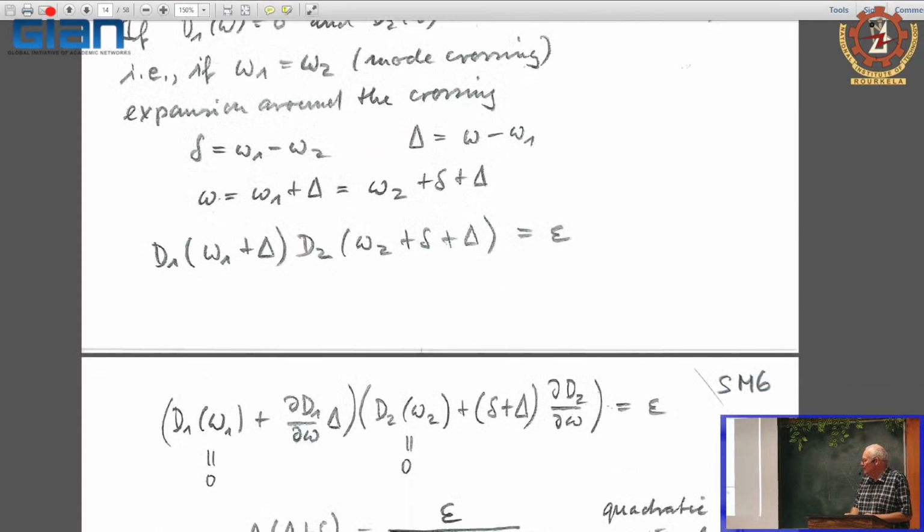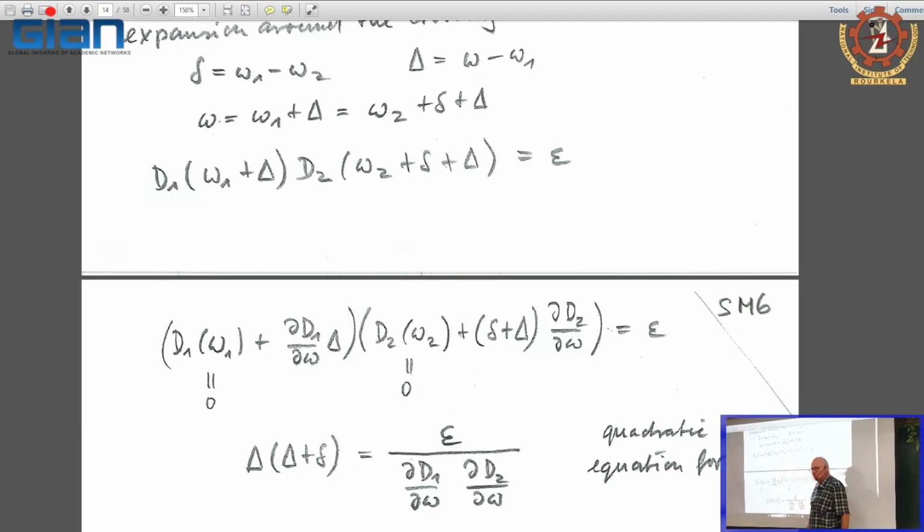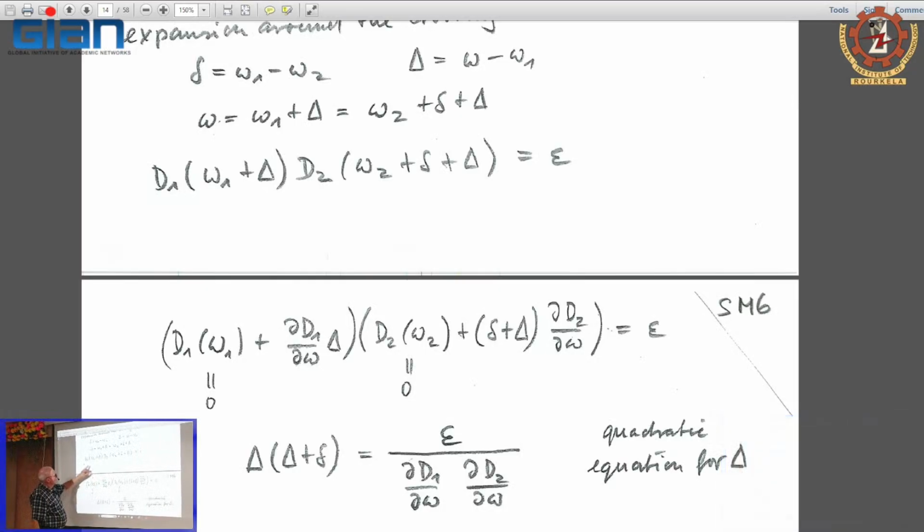Okay, what we are doing is we expand these dispersion relations around omega 1 and around omega 2. Then this function in an expansion may be expressed by d1 at the point omega 1 plus the derivative of d1 with respect to omega times capital delta, and a similar expression for the dispersion relation d2: d2 of omega 2 plus delta times the derivative of dispersion relation 2 with respect to omega, is equal to epsilon.